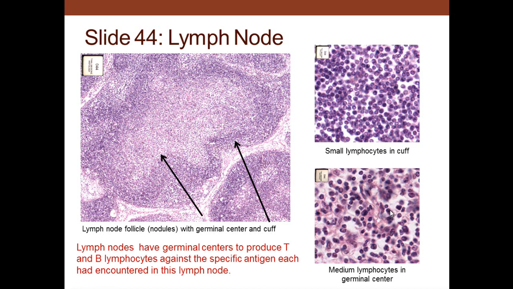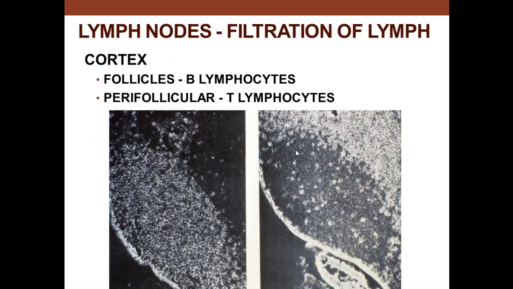Lymph nodules have a germinal center to produce T and B lymphocytes against specific antigens each has encountered in the lymph node. So as a new cell goes in through there and migrates through the lymph node, it might encounter its antigen. If it does, it will proliferate and make more T or B lymphocytes.